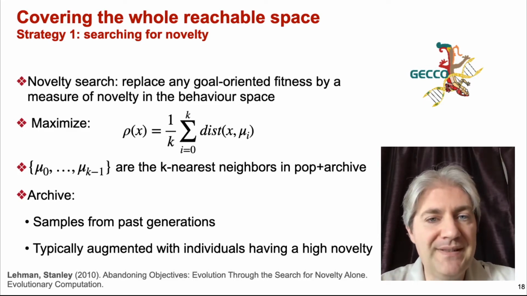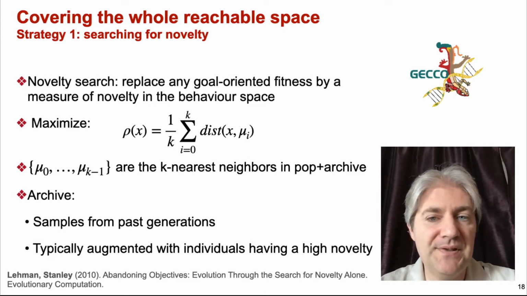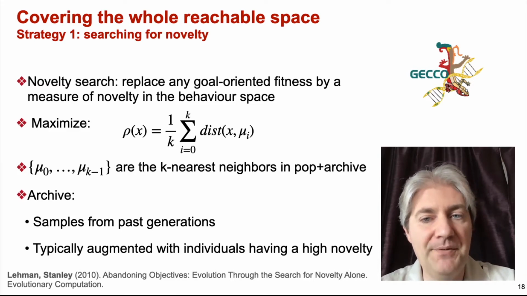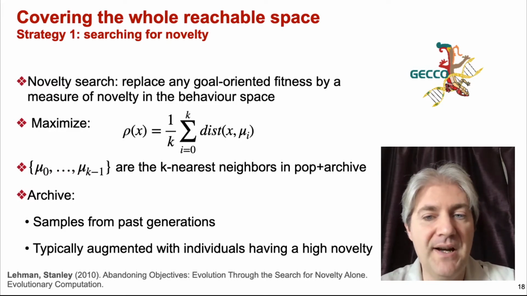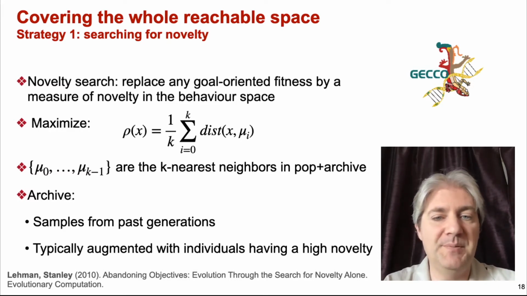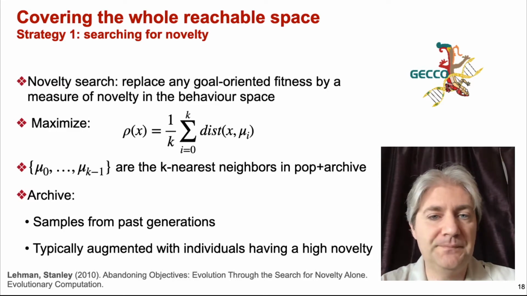So we compute the average distance towards the nearest neighbors in both the current population and an archive of the behaviors that have been generated before. So it may be random samples from past generations that are typically those having a high novelty, but that's not the only possibility. We could also select random ones that have been generated before.